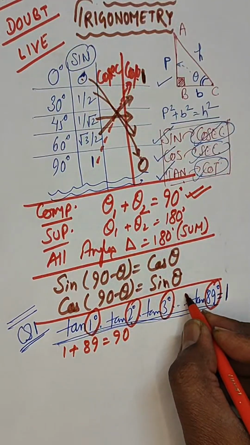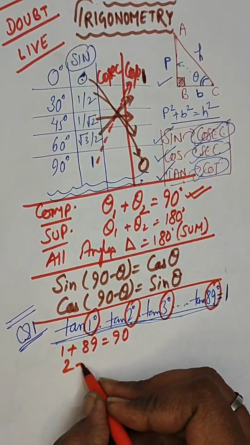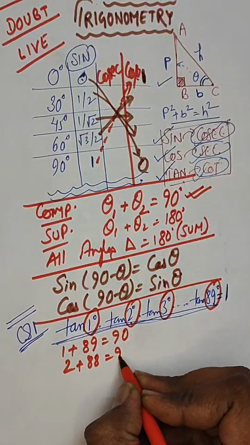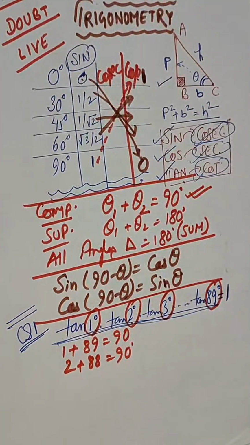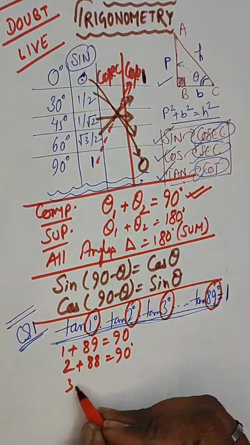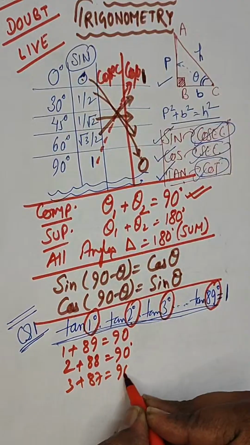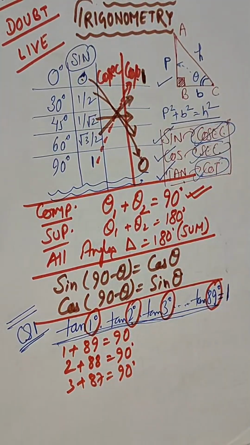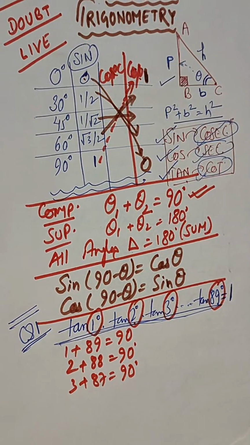Before 89 it will be 88, so 2 plus 88 is equal to 90. Similarly, 3 plus 87 is equal to 90 degree. So we will be using this concept of complementary angle to solve it.